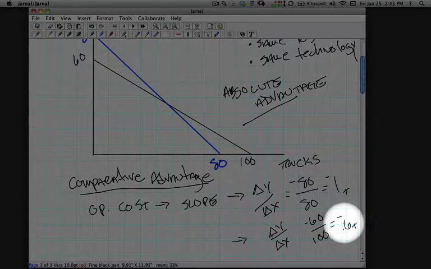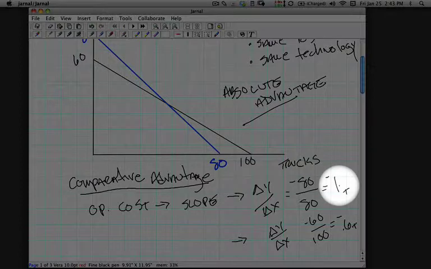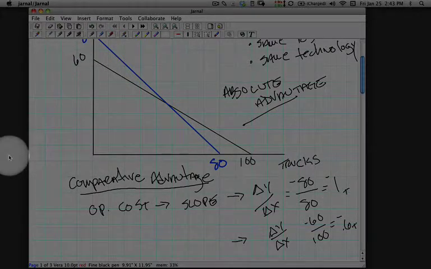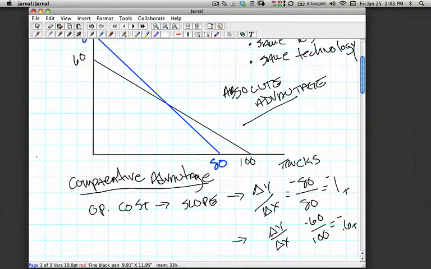Or they give up less cars to make a truck than Canada does. Read another way, guys, in terms of opportunity cost. Since the United States opportunity cost, the slope of that line, is lower, that suggests that the United States pays or spends less in terms of cars to make trucks than does Canada.